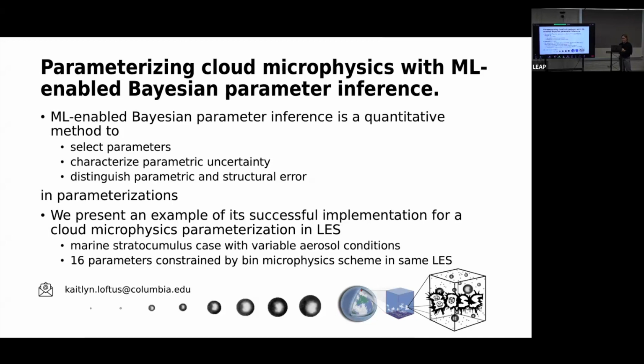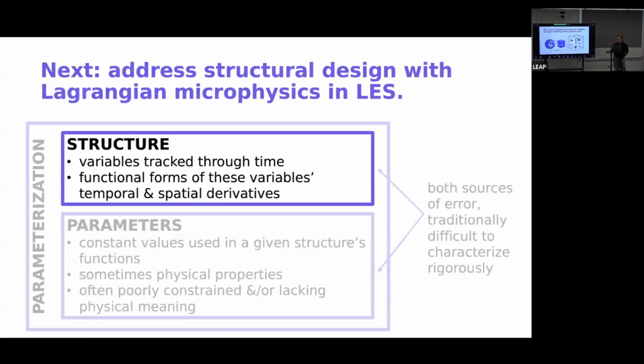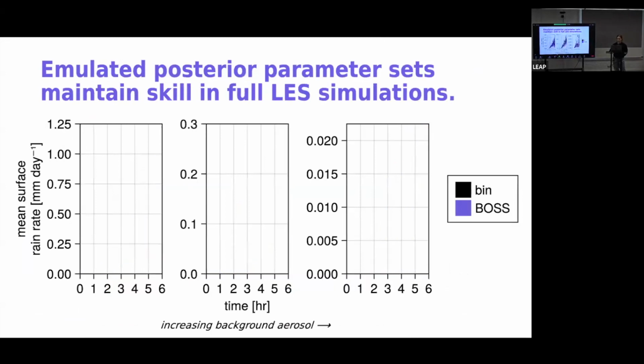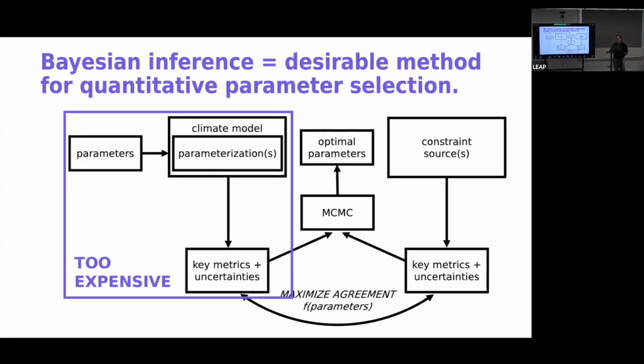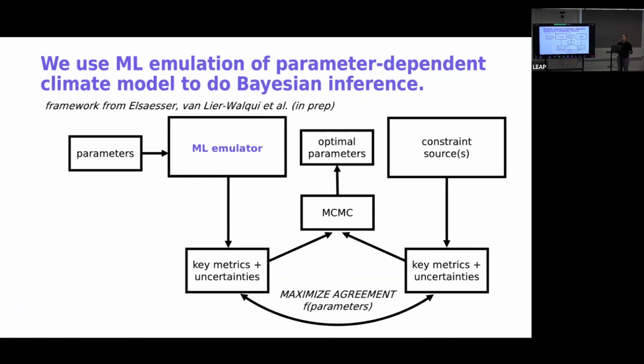Great talk. I had two related questions. The first one is, when you actually fit BOSS, especially in the LES case, it's fully online, right? Then you're plugging in BOSS, replacing the bin microphysics, and then comparing that to the bin LES run, right? So we're not doing any kind of training online, but the evaluation is done based on the total evolution.